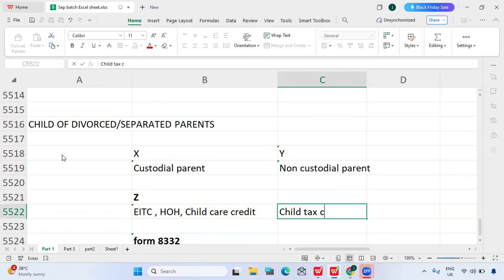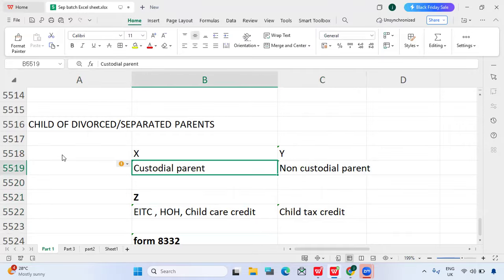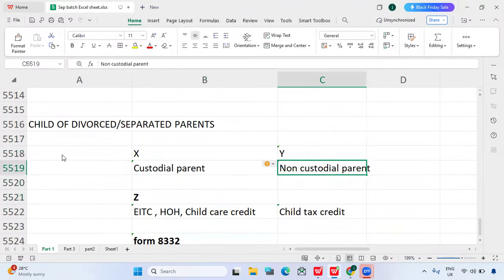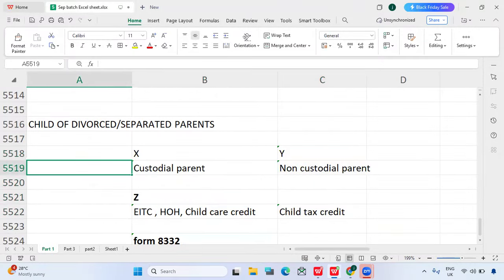We will discuss this later, but for now just understand that the custodial parent needs to release Form 8332 to the non-custodial parent. This is an important area.